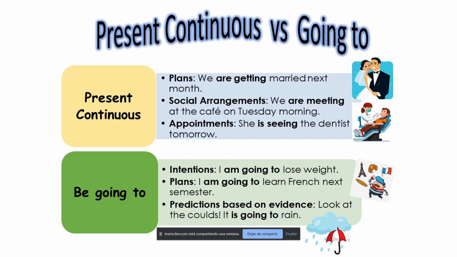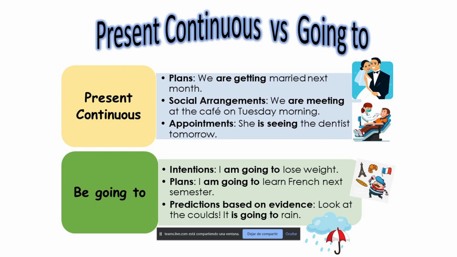So now we are going to check the difference between present continuous and going to. We know we use present continuous to talk about actions or situations that are happening at the moment of speaking. But we also use present continuous to talk about the future, for plans, social arrangements, and appointments.